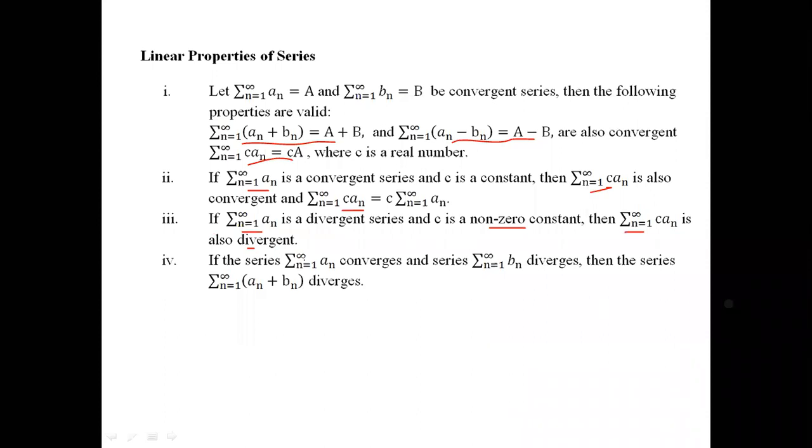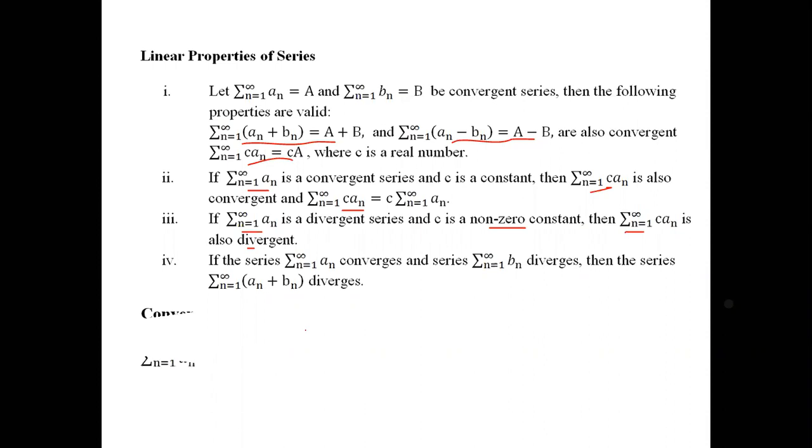So if the series sigma AN, where n is from 1 to infinity, converges, and the series sigma BN, where n ranges from 1 to infinity, diverges, then the series which is the sum of AN and BN also diverges.